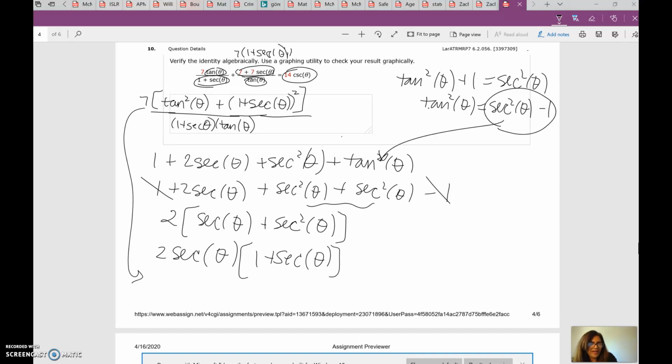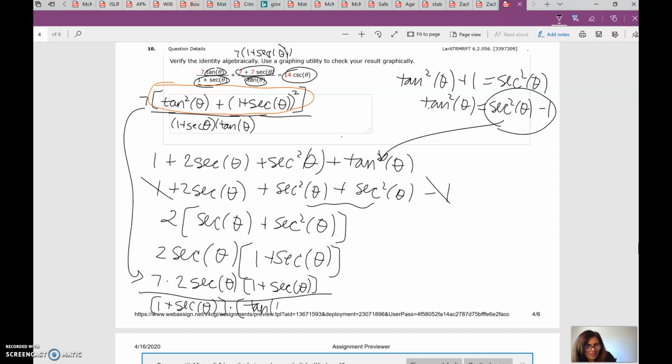So putting this all back together, this numerator is going to become 7 times 2 times the secant of theta times 1 plus the secant of theta, divided by 1 plus the secant of theta times the tangent of theta.